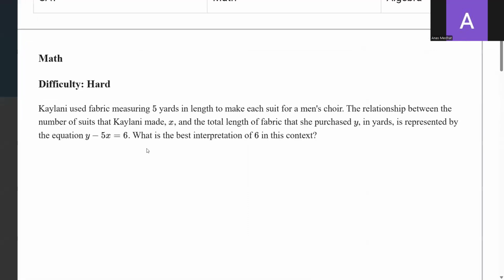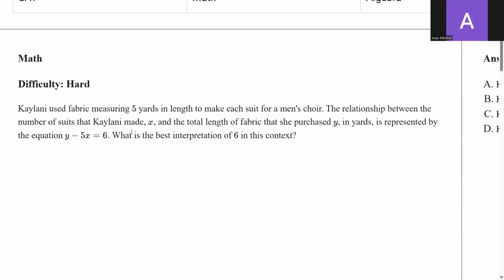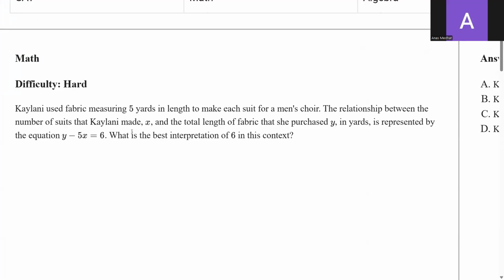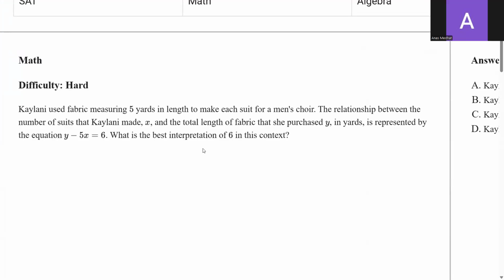Kailani uses fabric measuring 5 yards in length to make each suit for a man. The relationship between the number of suits Kailani made, X, and the total length of fabric she purchased, Y, in yards, is represented by the equation. What is the best interpretation of 6 in this context?